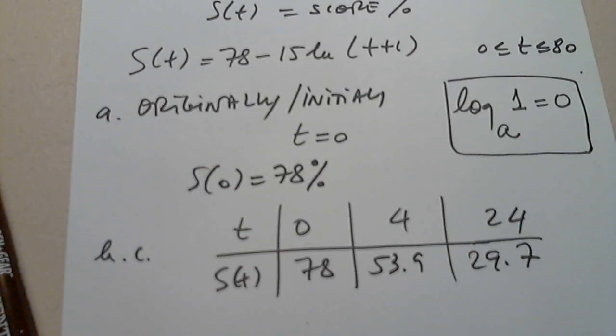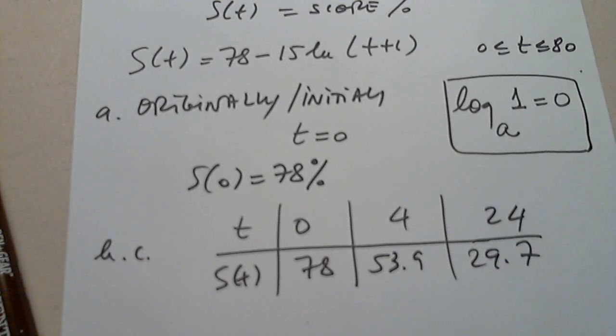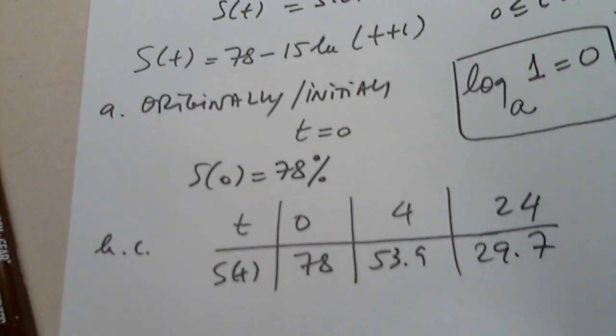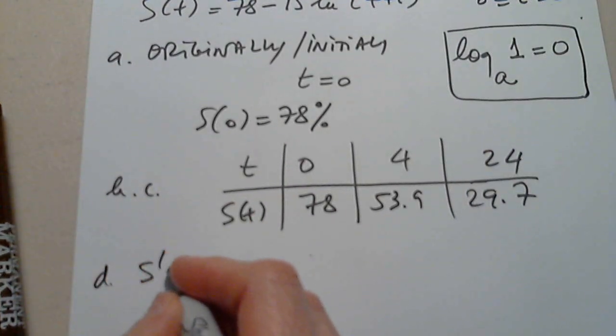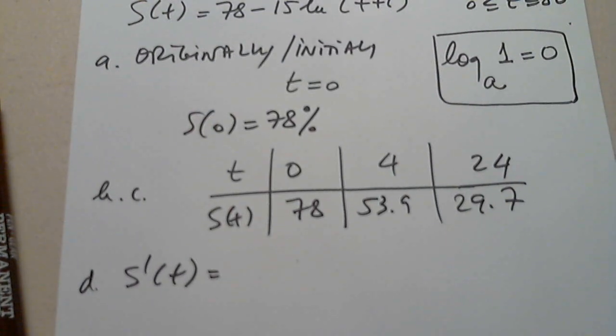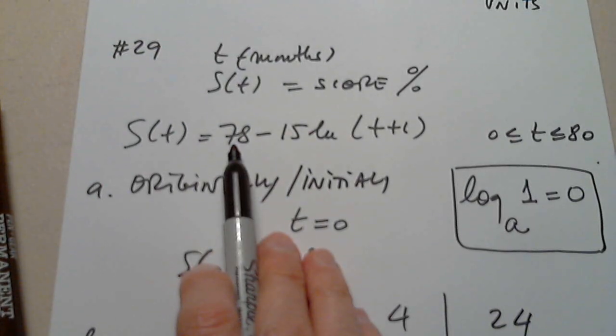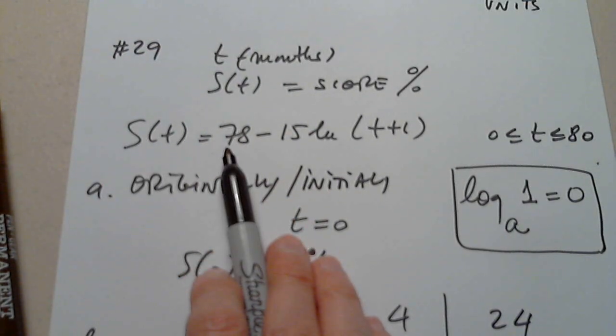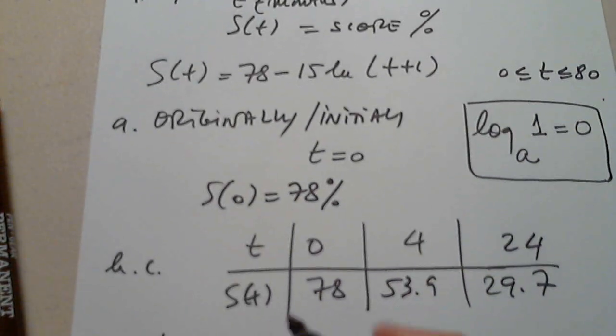Now find S prime of t, and then S prime of 4 and S prime of 24, and interpret. Can anyone help with S prime of t? So here's the function. What is the derivative of this? The derivative of 78 is zero. Good. So then negative 15.